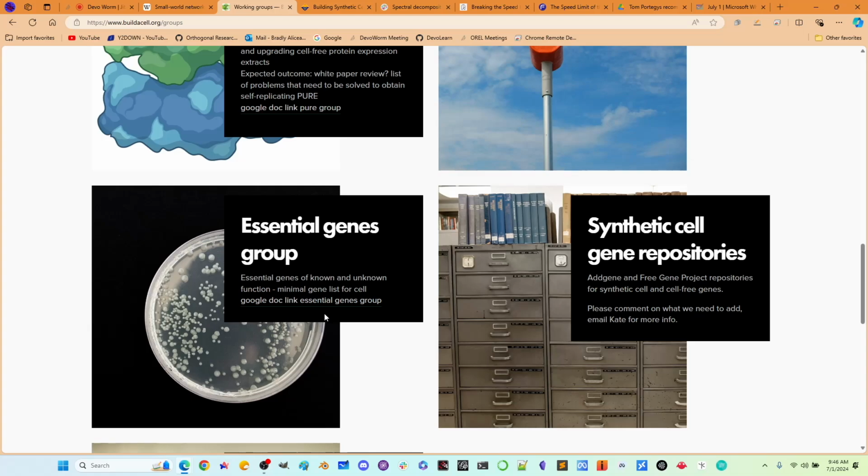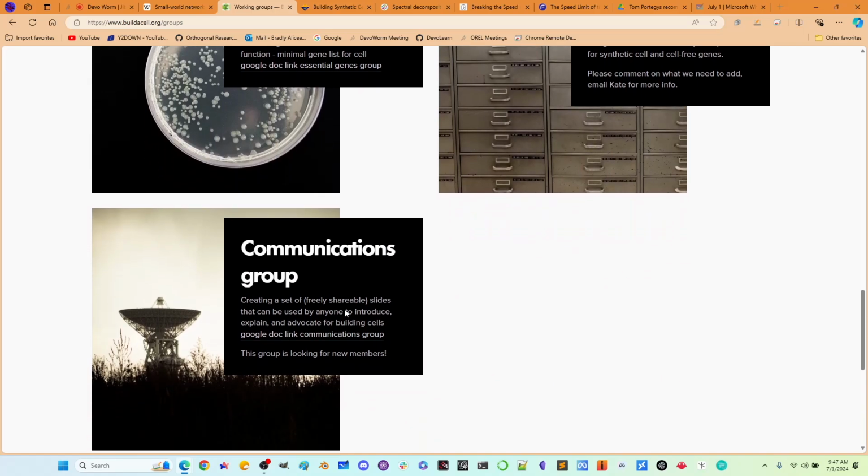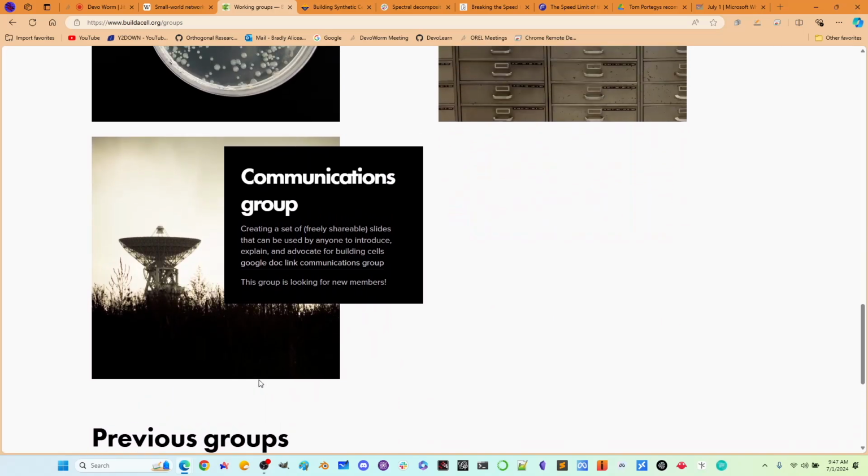If you have a minimal cell and you add in a pathway for some sort of metabolic enhancement, that would be taking that minimal gene list and adding to it to produce something that you can think of as maybe a program. So this is how they're approaching this. And then there are, of course, synthetic cell gene repositories where they give the recipe for this. They have them in a repository here. And so those are the working groups for Build-A-Cell.